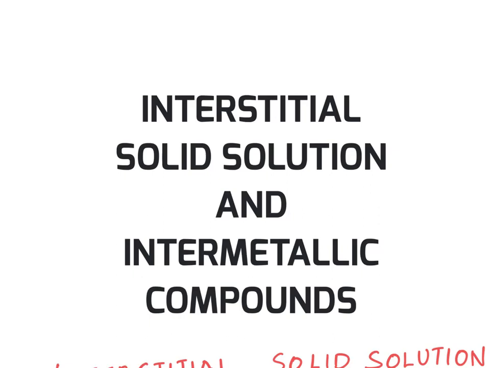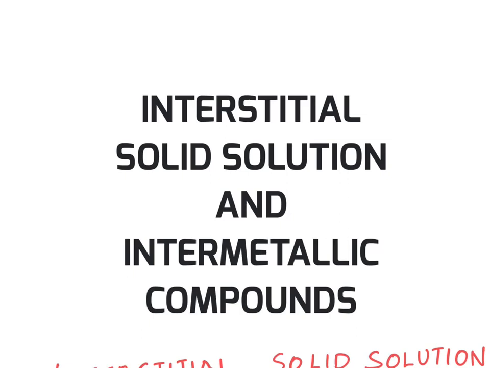So just touching upon a few things we were discussing in the last video, we were talking about different types of alloys, or the different forms of alloys for that matter. The first form of the alloys was solid solutions. Solid solution means even after adding the solute into the system, the crystal structure of the solvent is maintained.